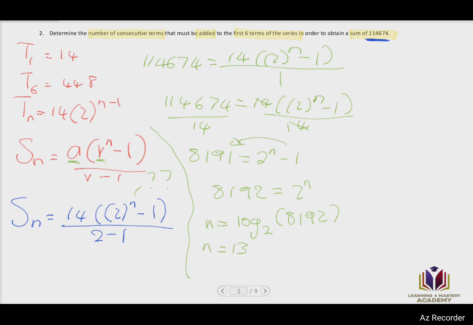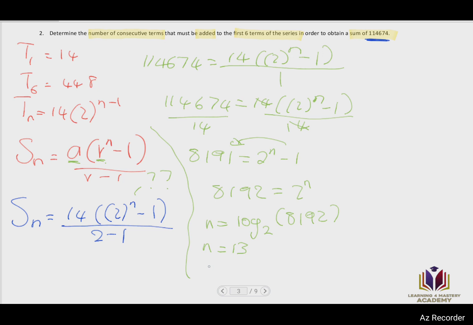So now we've calculated the value of n. Remember, what is the n? The n is all the terms combined together: the first 6 terms as well as the unknown number of terms that we are looking for, right? So now we have n equals 13. It means the 13 is the first 6 terms added with the unknown number of terms. So how can we get this number of consecutive terms?